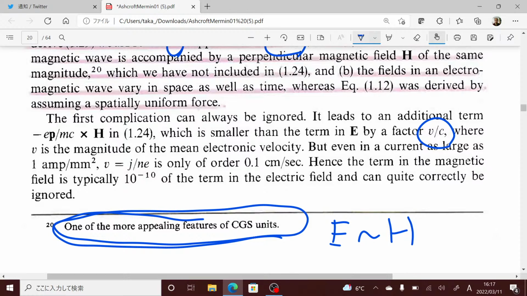Even in a current as large as 1 amp per square millimeter, v equals j divided by ne is only of order 0.1 centimeter per second. Hence, the term in the magnetic field is typically 10 to the minus 10 of the term in the electric field and can quite correctly be ignored.